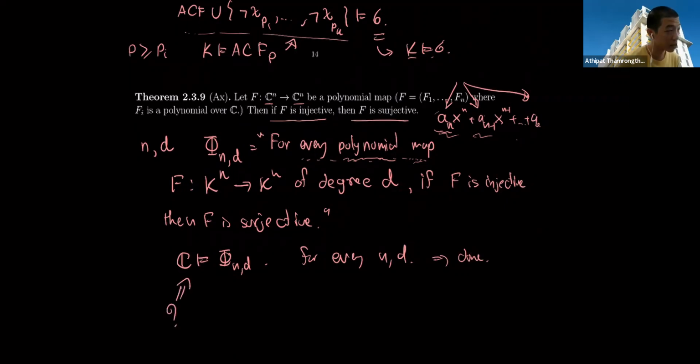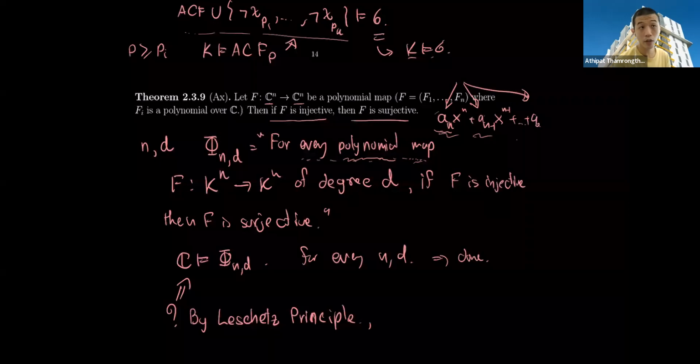By the Lefschetz principle, it is enough to show that there are arbitrarily large algebraically closed fields of characteristic p that satisfy this.